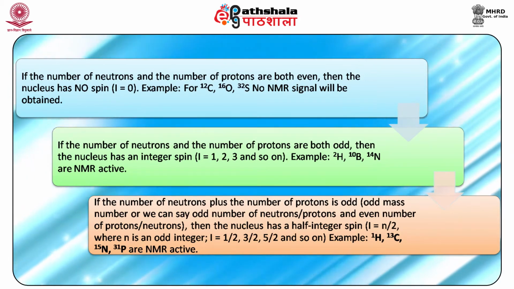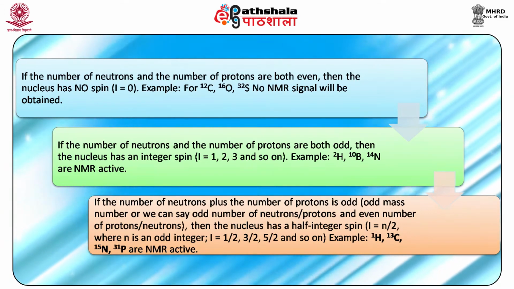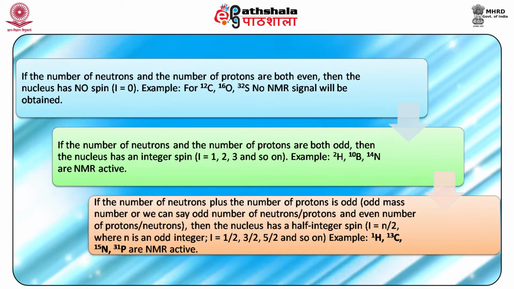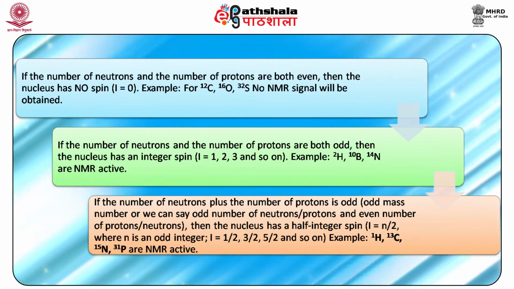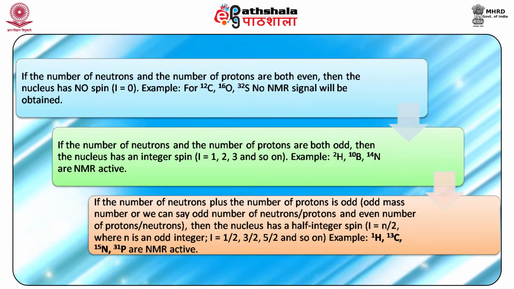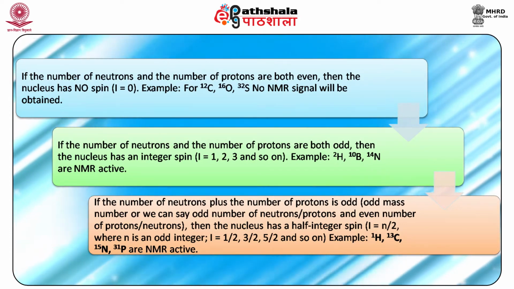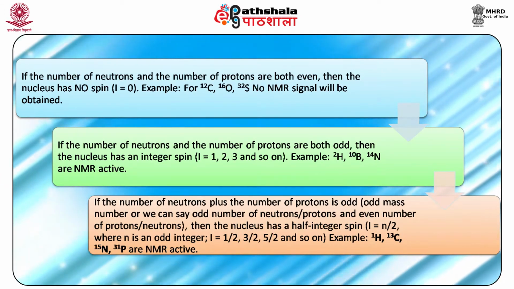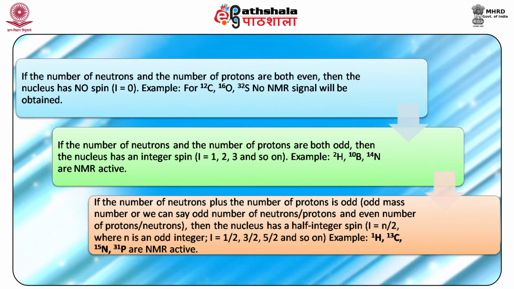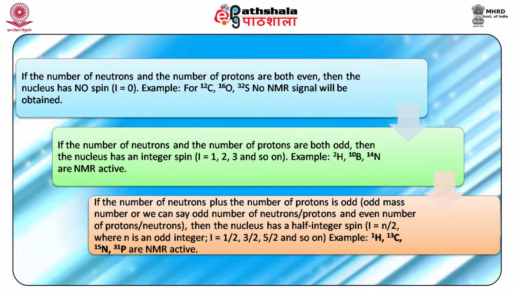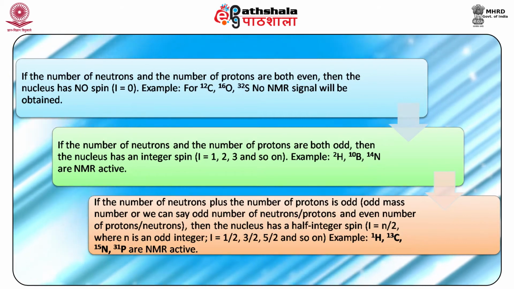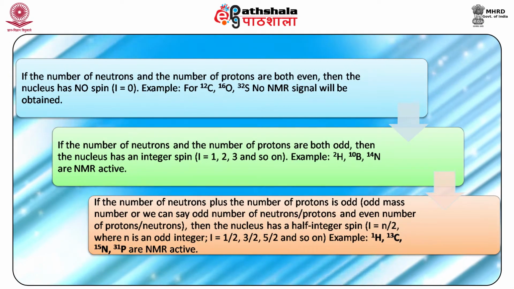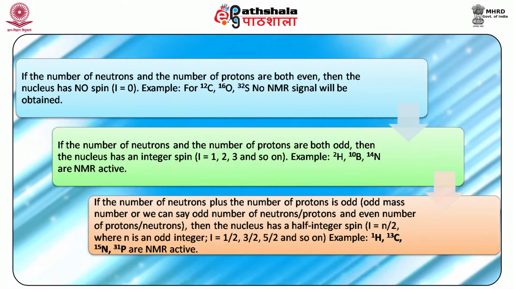Empirical rule number 3. If the number of neutrons plus the number of protons is odd, that is, an atom has odd mass number, or we can say odd number of neutrons, protons and even number of protons, neutrons, then the nucleus has a half integral spin, or we can say the spin quantum number is equal to n divided by 2, where n is an odd integer.